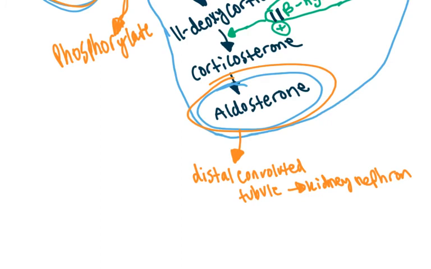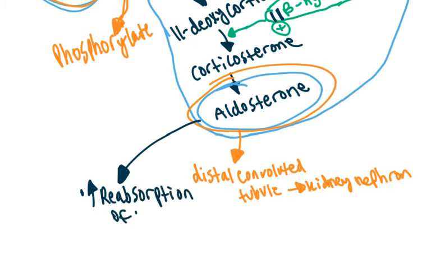So at the end, aldosterone will cause mainly two things: an increased reabsorption of sodium into the blood, and an increased blood volume.